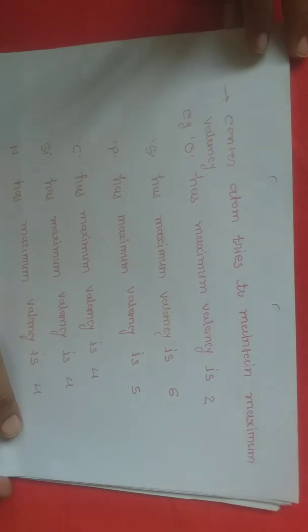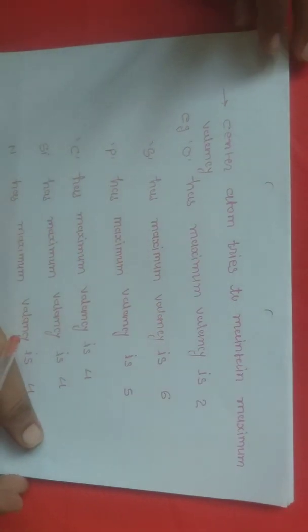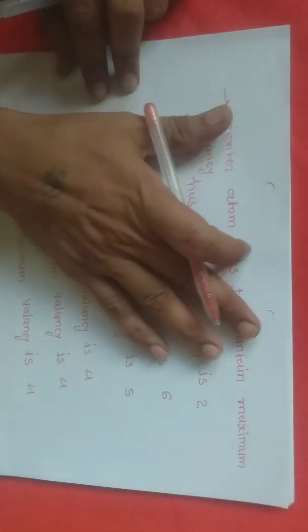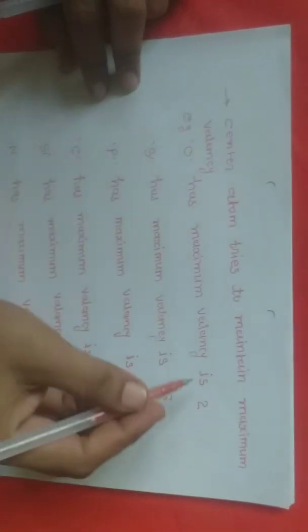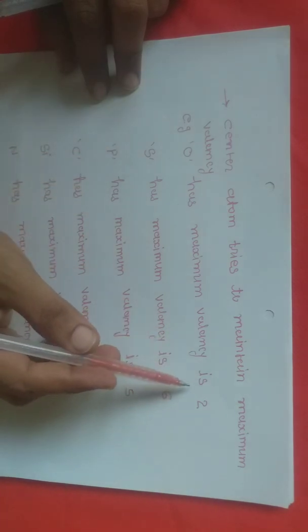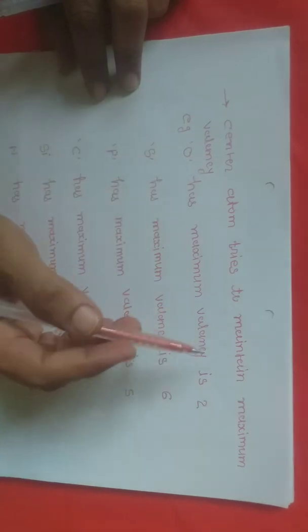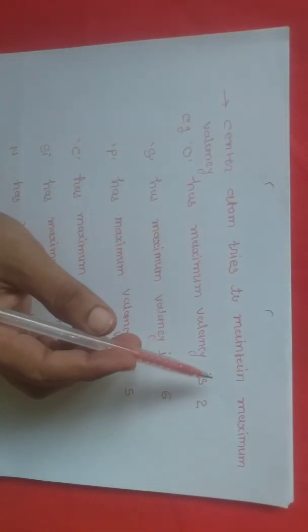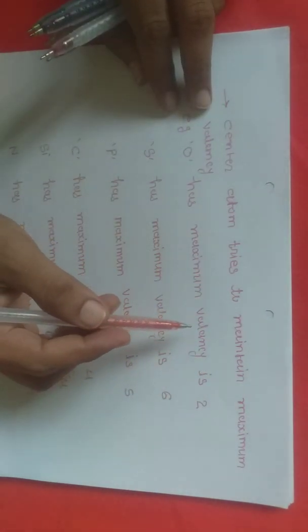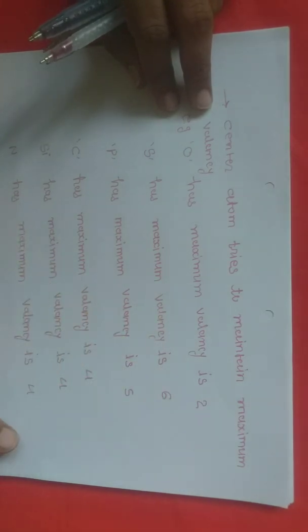Now, as I discussed in calculating the valency, this is the ready reference for you. Just take a screenshot of this so you can know how many valence electrons are there in some important elements, right? And the center atom is always trying to maintain the maximum valency, that is the thumb rule, right?